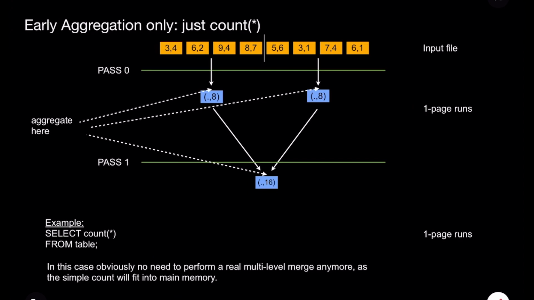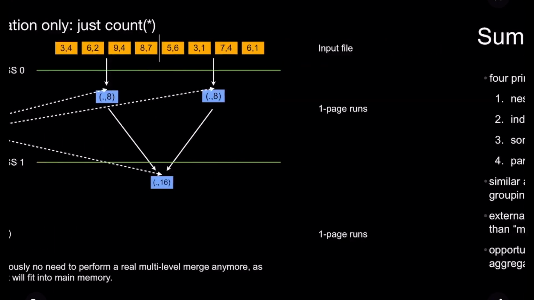But if you want to do it with external merge sort, it basically means that the first instantiation in pass 0 produces just the count of tuples. The second as well, you merge two integers into such a tuple and you create 16. But it's kind of ridiculous, of course. For just counting, you would simply scan the input set. If you don't have metadata or statistics, that would do the same thing.